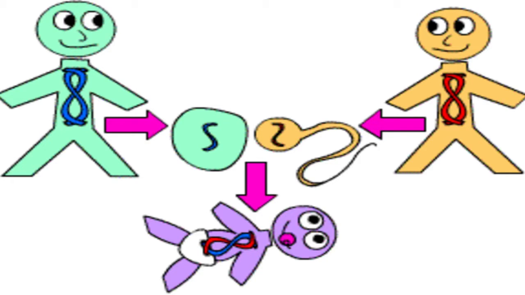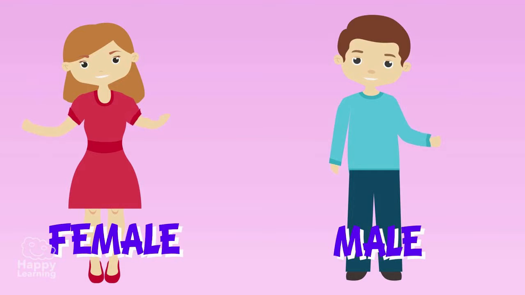Humans, like all living things, reproduce through sexual reproduction. Sexual reproduction involves an adult male and an adult female.